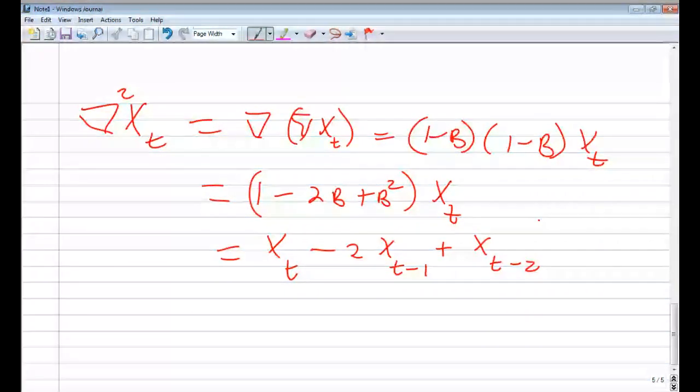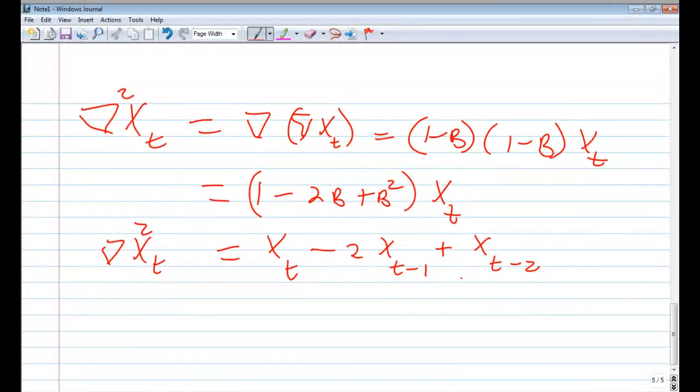So this is how we write the backshift operator. So that b now is xt minus 1, b squared is xt minus 2. So that's it. Therefore change in xt squared is equal to this one. For those who are having the lecture notes, you can find it on page 21.